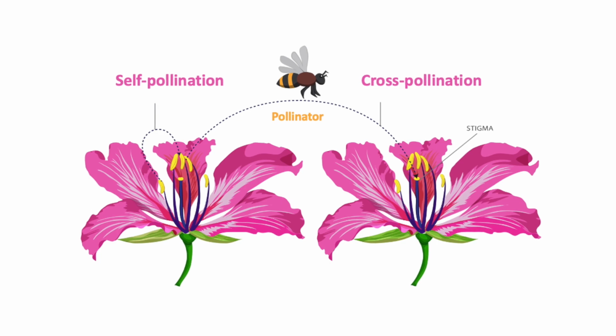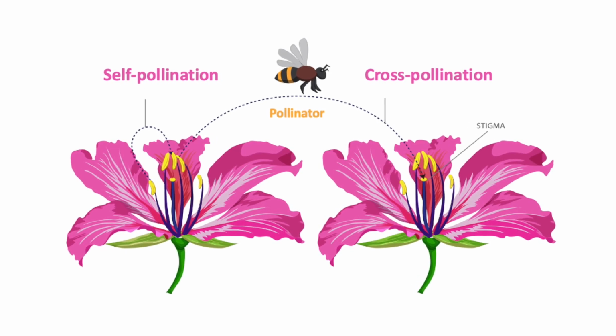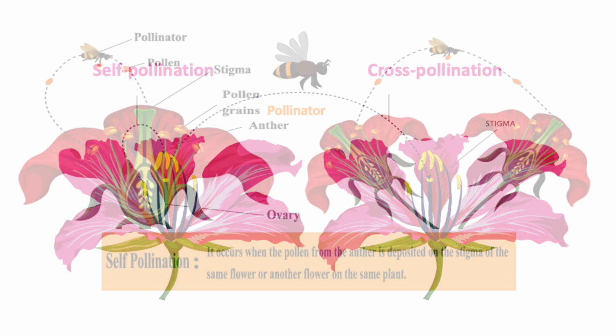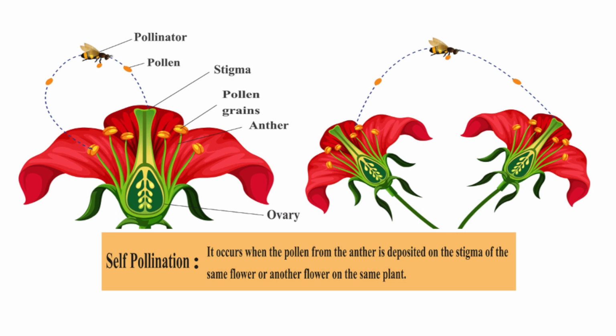Pollination comes in two forms: self-pollination and cross-pollination. Self-pollination occurs when pollen from one flower's anthers and its carpels mature at about the same time. Its pollen lands on its own stigma or on the stigma of another flower on the same plant.